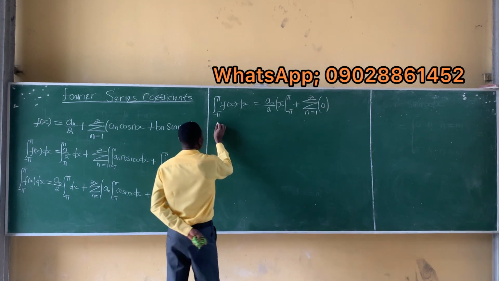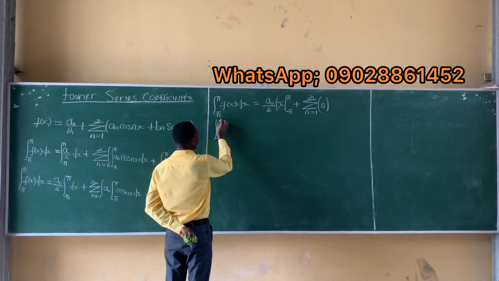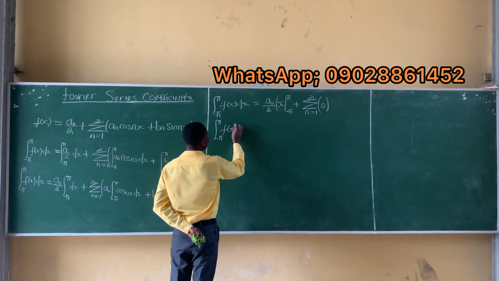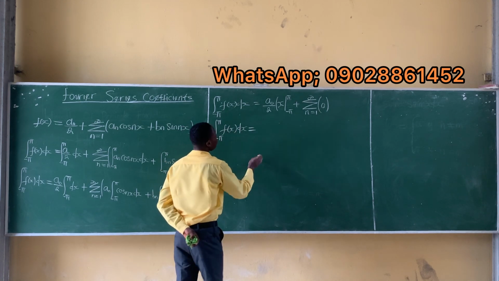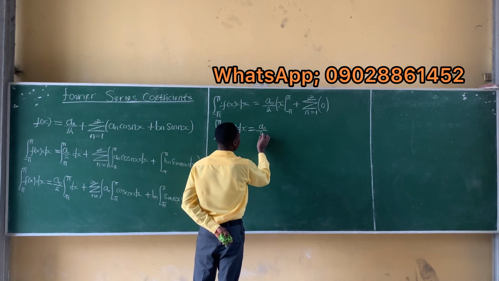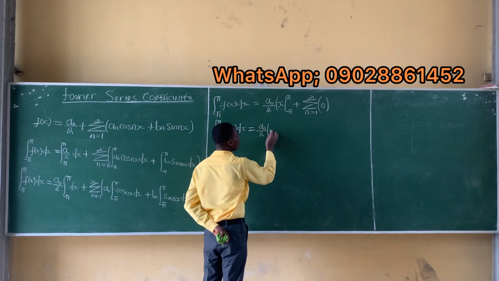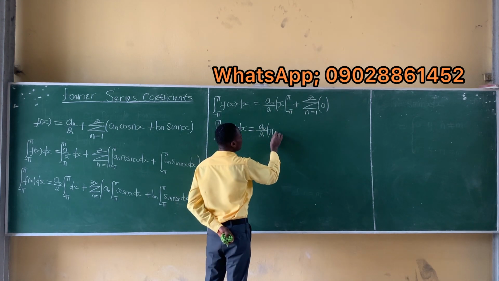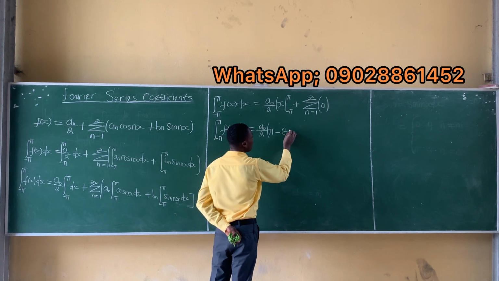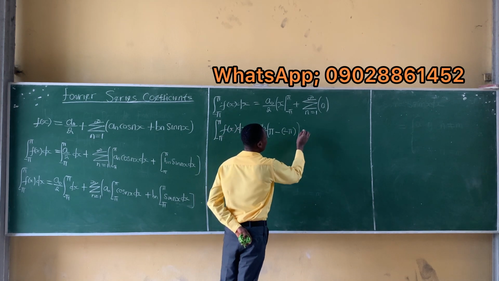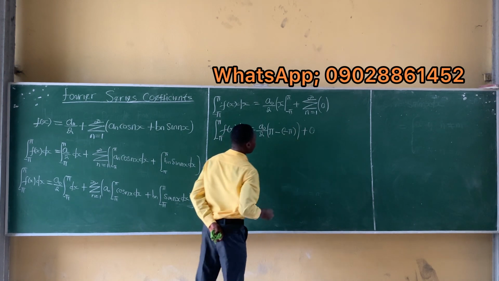So this implies that the integral from minus pi to pi of f of x dx is equal to a naught over 2 into, if you substitute your upper limit, you have pi minus, substitute your lower limit, minus pi, plus 0.